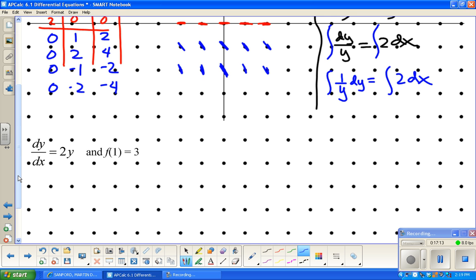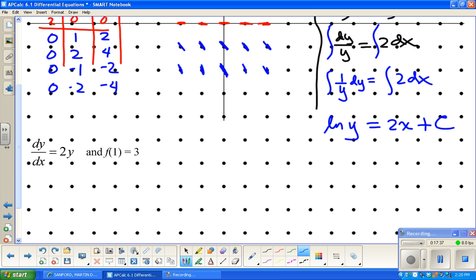Now, antiderivative of 1 over something, if that something is just the plain y, it's not like y to the negative 2. If it was y to the negative 2, I could do the power rule, but this is actually going to be the natural log of y equals. Now I need to do the antiderivative of 2, which is going to be 2x, and then again we don't have limits of integration, so I need a plus c.